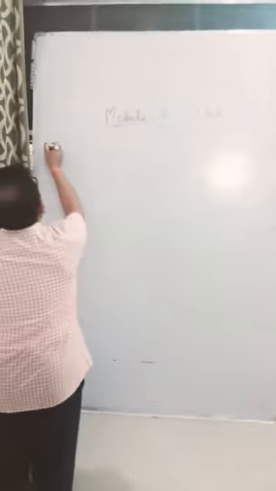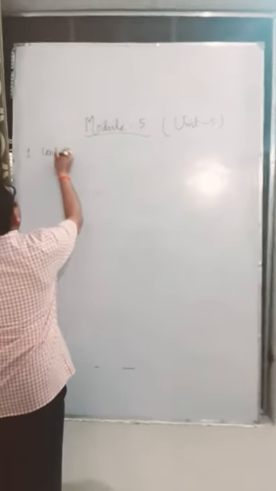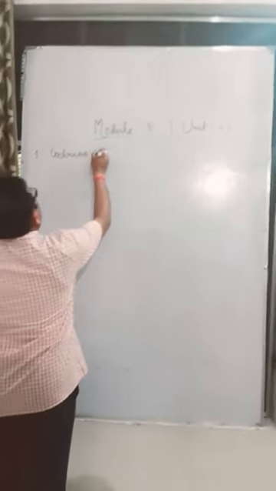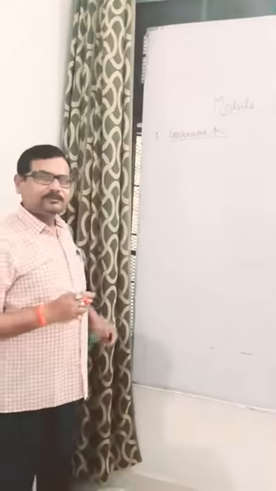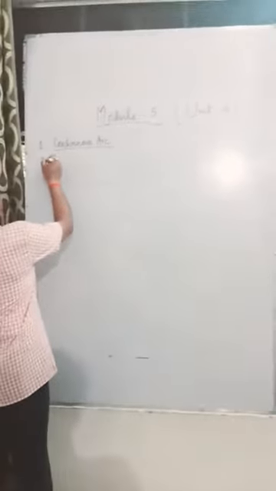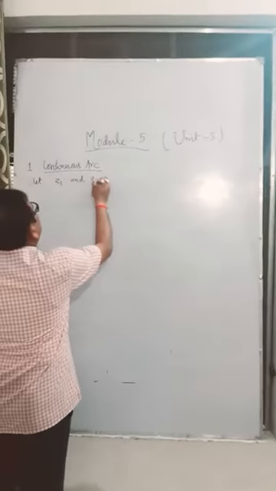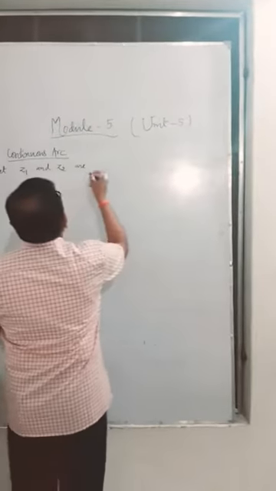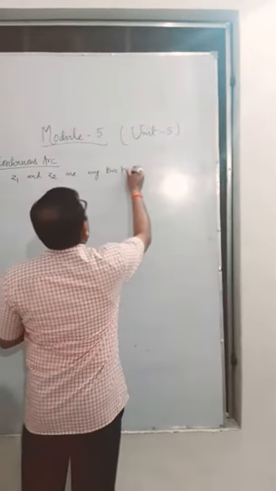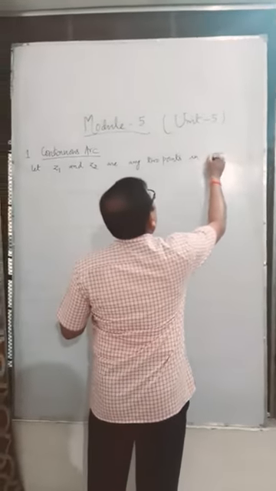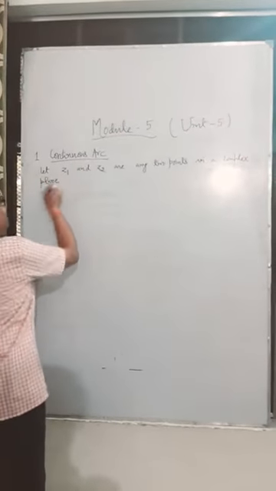The first definition I am going to write here. The first definition is continuous arc. Let us define a continuous arc. Let Z1 and Z2 be any two points in the complex plane. In the complex plane, we can say xy plane or Argand plane.